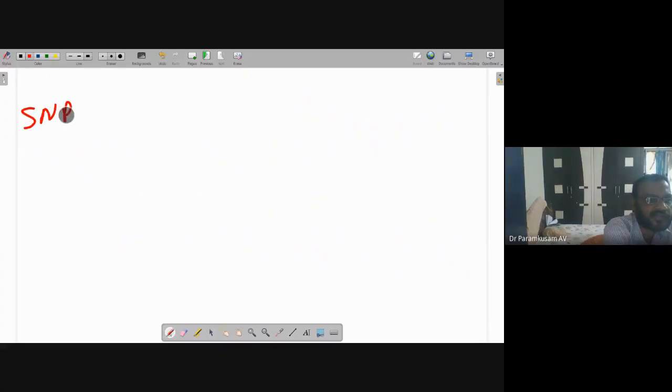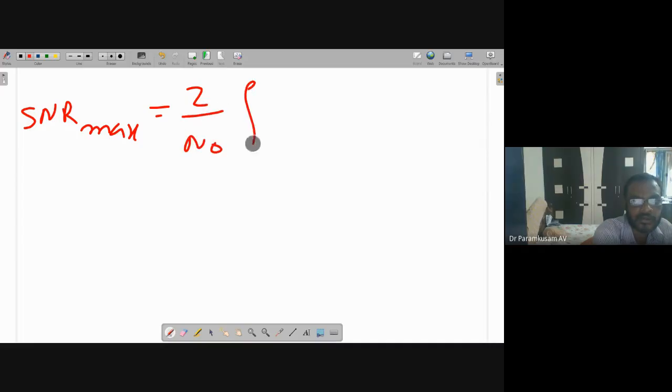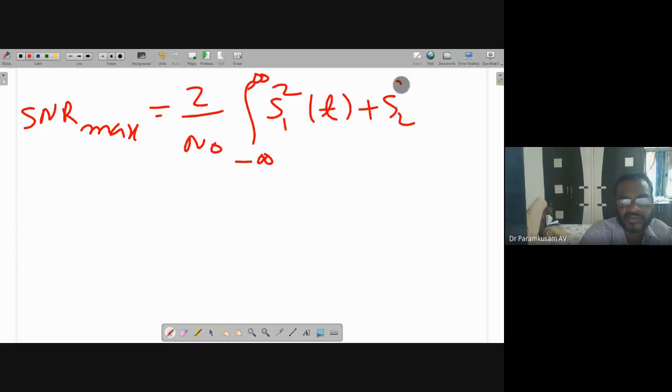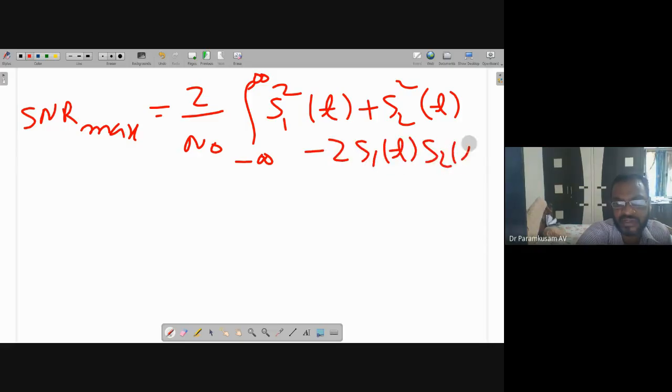SNR maximum is equal to 2 by n naught integration from minus infinity to plus infinity of s1 square of t plus s2 square of t minus 2 into s1 of t into s2 of t dt.